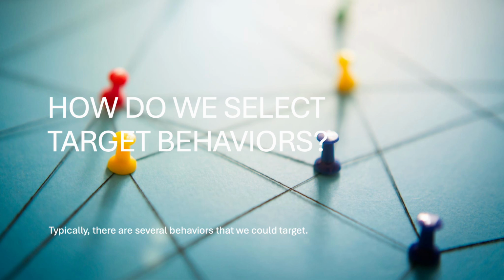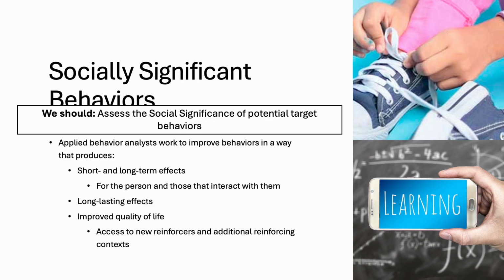This will be dependent on many different things, but there is one in particular that we should be focusing on, and you've heard me say this term throughout this course, and also in your previous course. It all boils down to identifying the most socially significant behaviors.